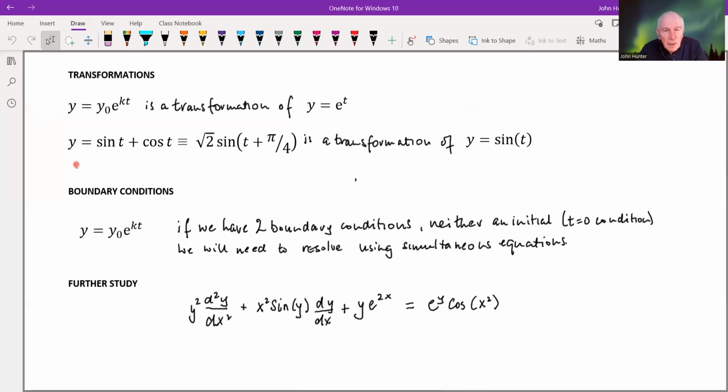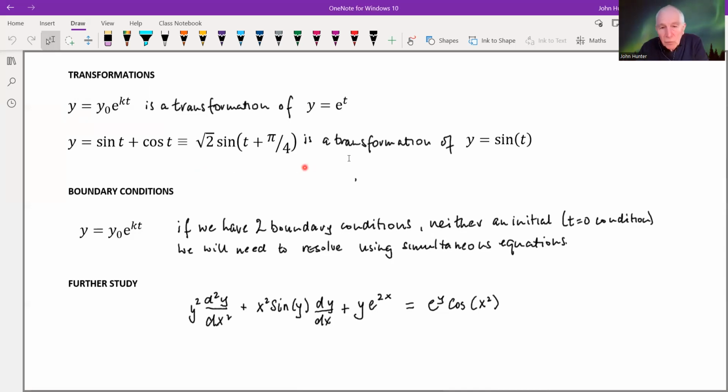Similarly, if we've got y equals sin t plus cos t, this can be restated as that. This is the so-called R formula, but basically it's just the fact that a linear sum of sines and cosines can be defined as a stretched, shifted sine or cosine curve.